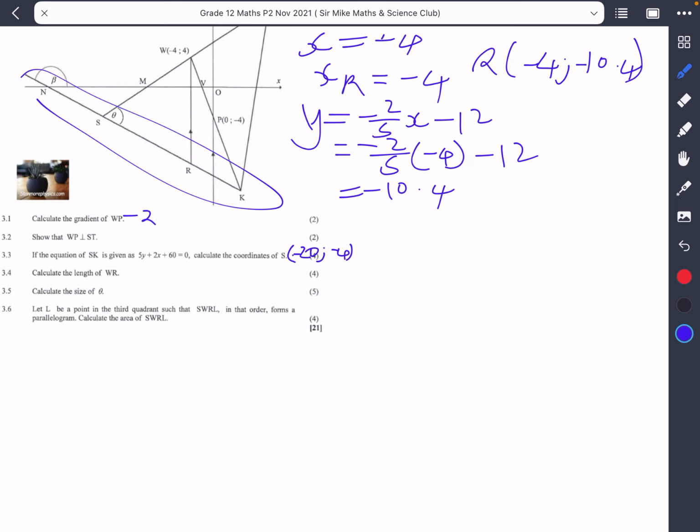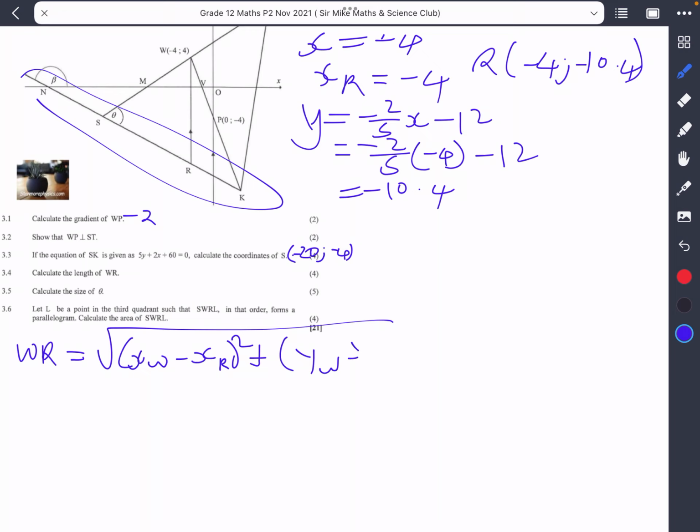So the length of WR is equal to the square root of x at W minus x at R, squared, plus y at W minus y at R, squared.